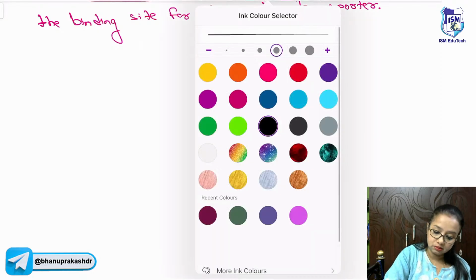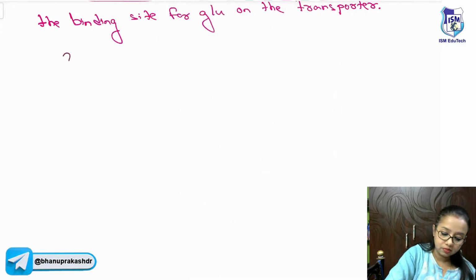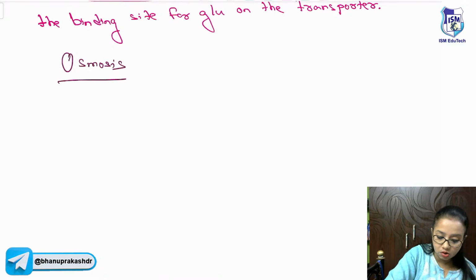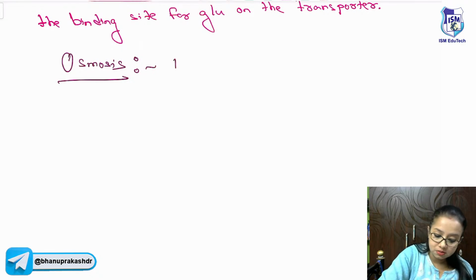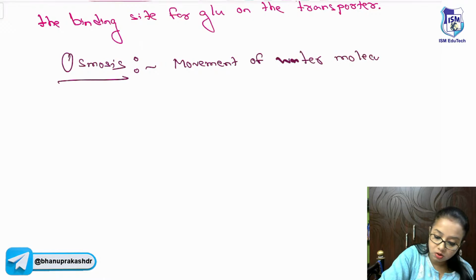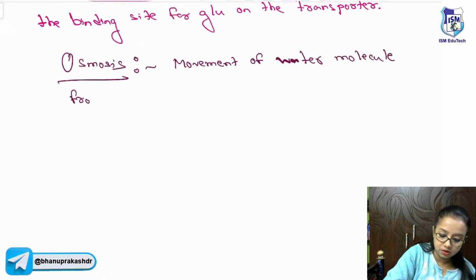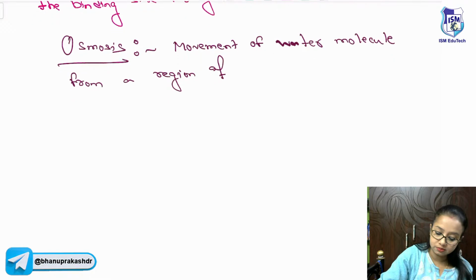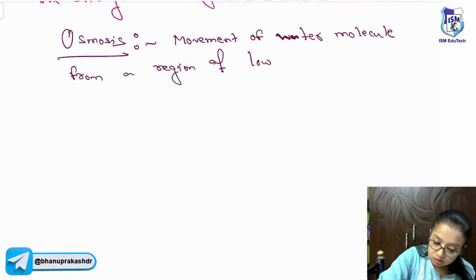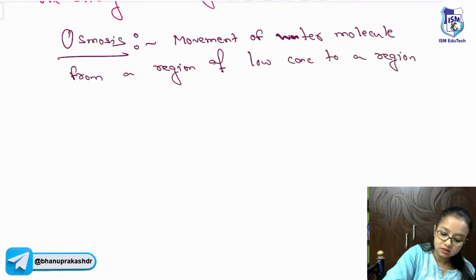Next, what we have is osmosis. Now, osmosis is also a passive process, but here it is actually the movement of water molecules from a region of low concentration to a region of high concentration.